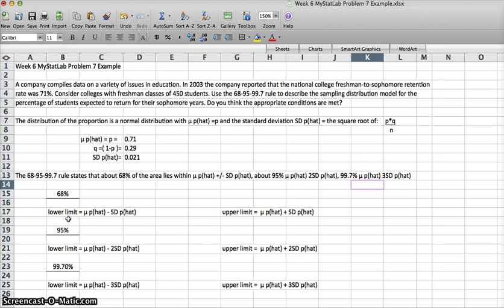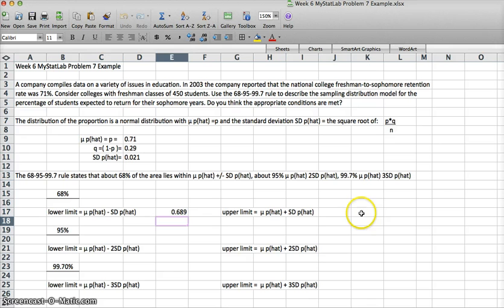So let's go ahead and get our lower limit for the 68%. So in this case, we know we start all of our Excel math with equals, and our mean P hat is 0.71. So we'll say 0.71 minus our standard deviation of P hat, 0.021, enter, and there is our lower limit, 0.689, 68.9.